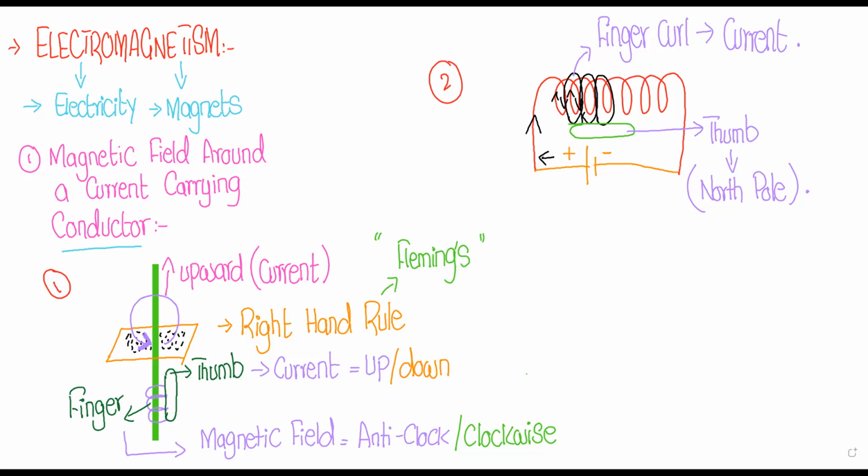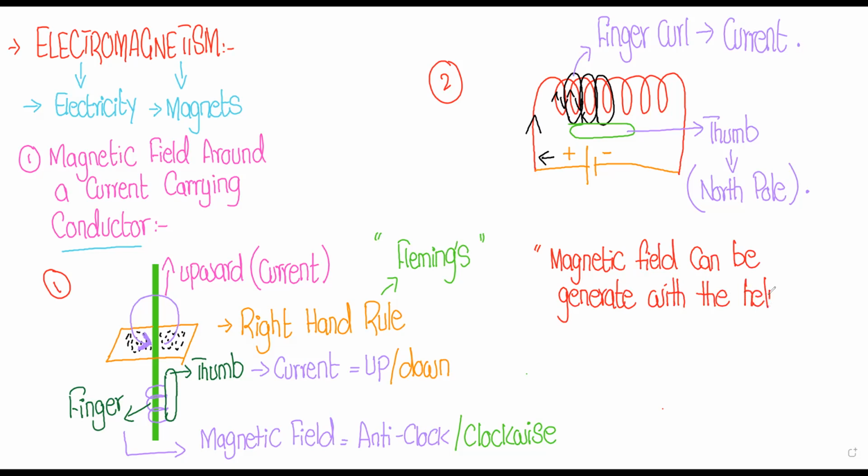So the important concept from this whole diagram is that a magnetic field can be generated with the help of electricity, that is, with the help of a current carrying conductor, or charges passing through the conductor.